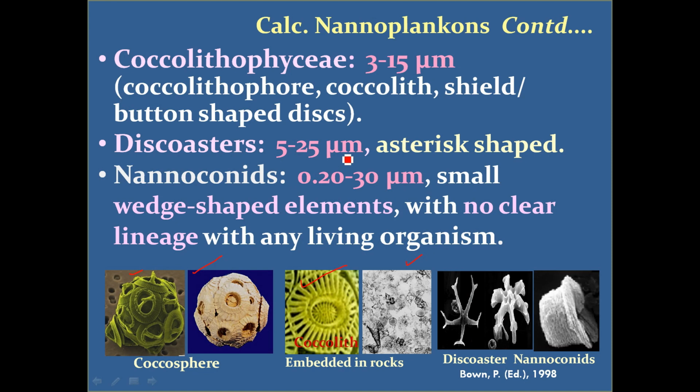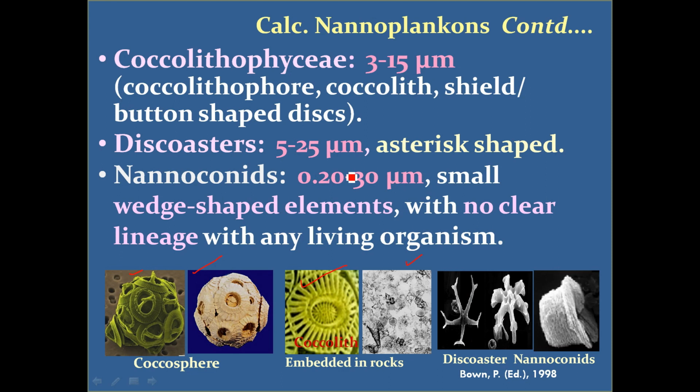The second group is discoaster. Their name is because they are star-shaped. I have included two species for your ease here, and they range in size from 5 to 25 millimicron, and they are asterisk shaped. The third group is nanoconate. Nanoconate means small conical wedge-like structure which may collectively form a flower-like pattern.